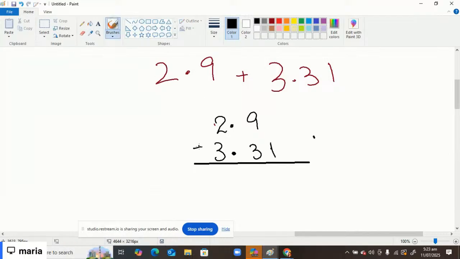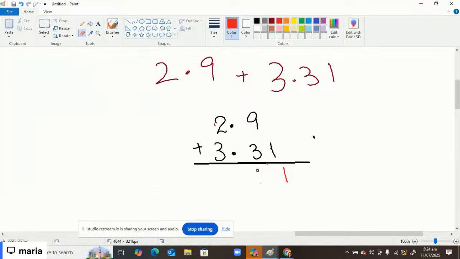Now it's adding. 1 as it is. Now 9 minus 3, what is the answer? 9 minus 3 is 6. It's not subtraction, it's addition.